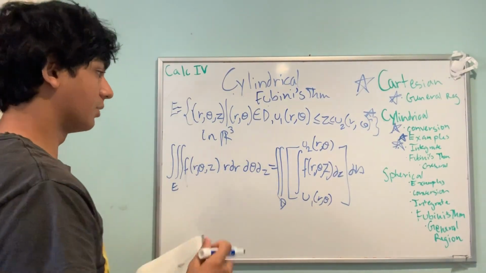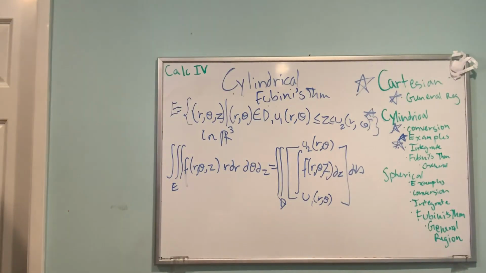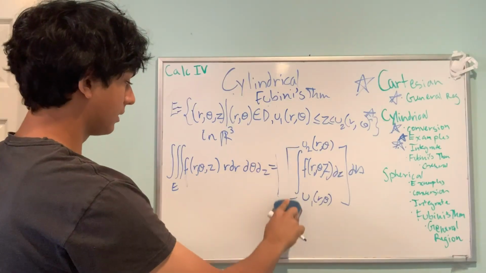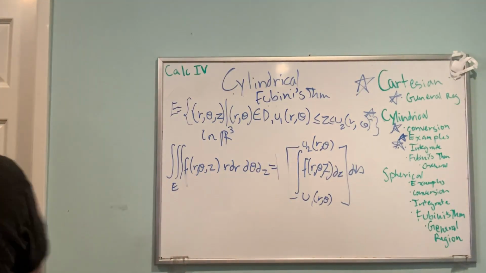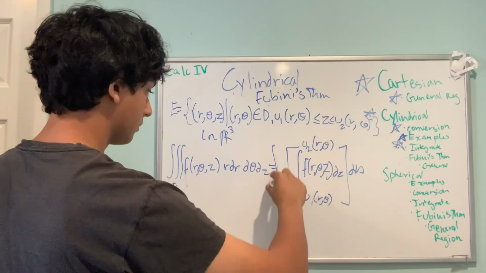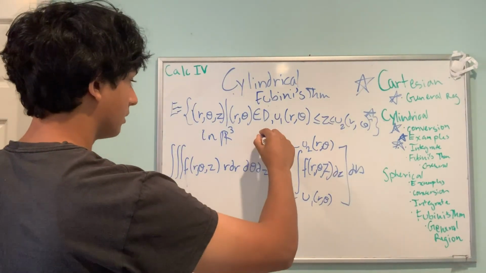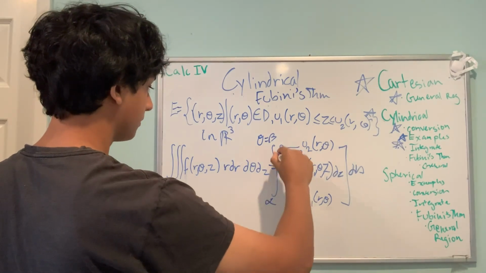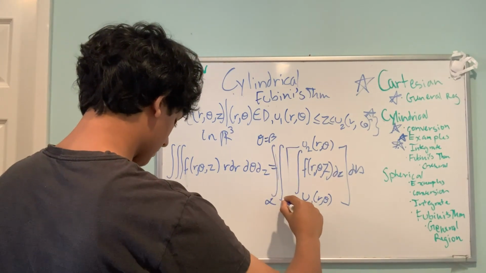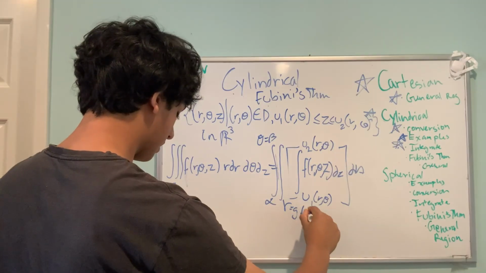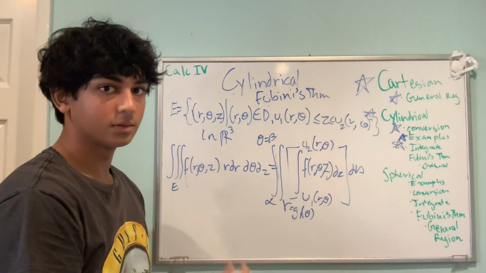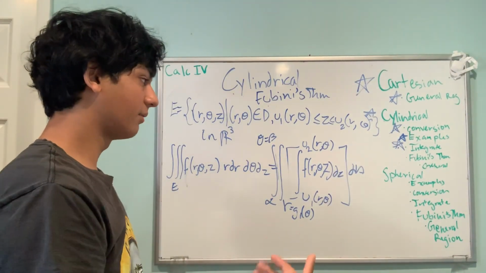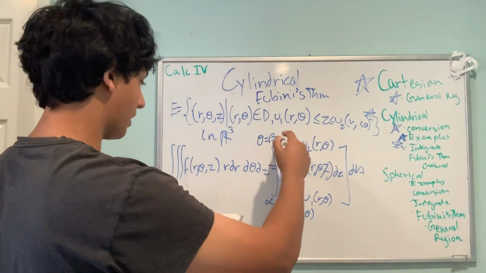And we can generalize this even more. We can take this off and have this be theta equals beta, theta equals alpha, r equals g1 of theta, a function of theta. So on the r theta plane, you can make r a function of theta and have it as your bounds here.